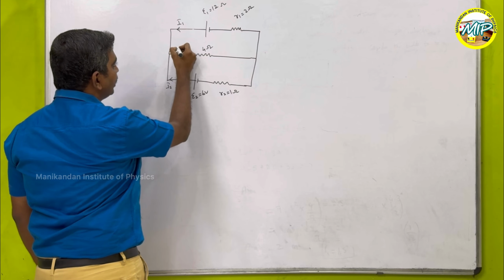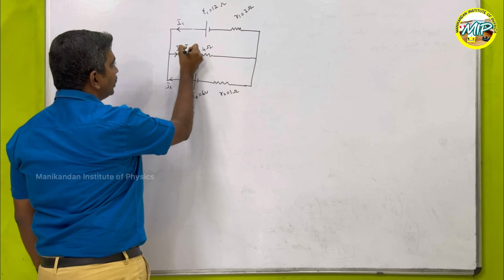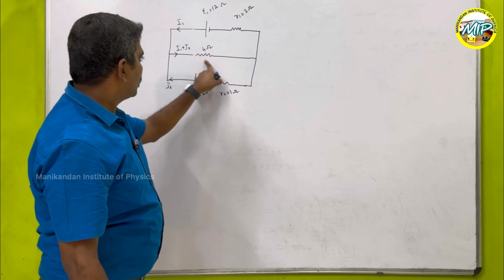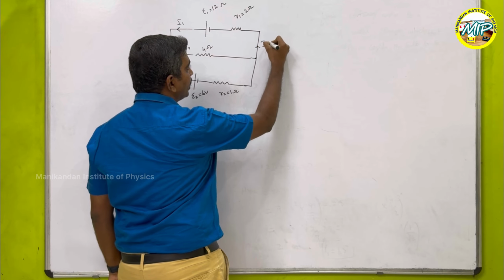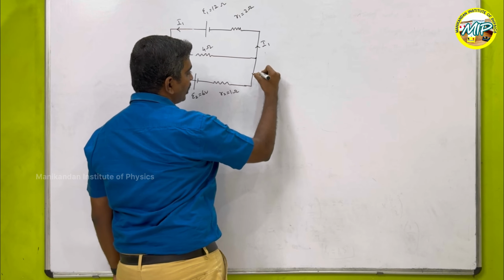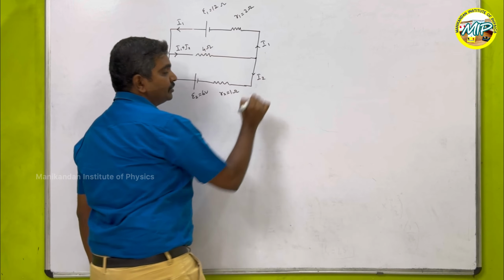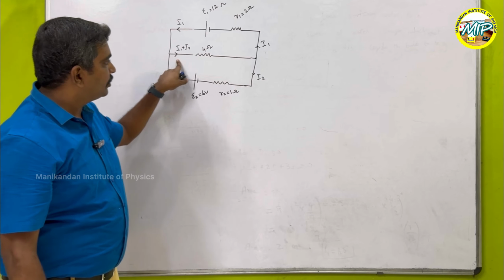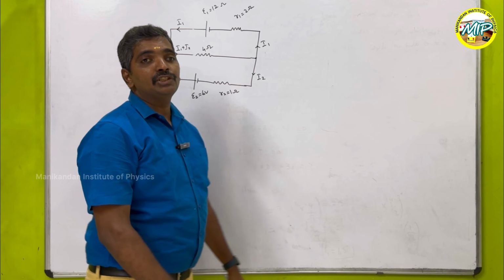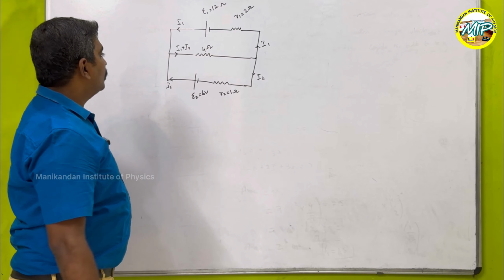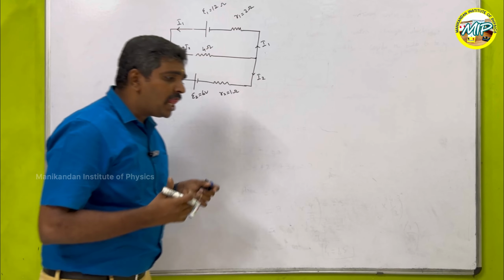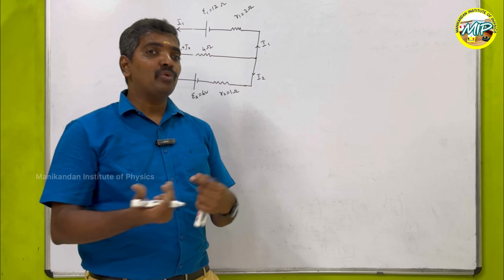The current passes through this 4 ohm resistor and then again it is going to split: the amount of current entering into this will be I1, and the amount entering through this will be I2. So the amount of current entering the junction equals the amount of current leaving from the junction, using your Kirchhoff junction rule, right? So I'm going to form a loop to find the magnitude of the current.